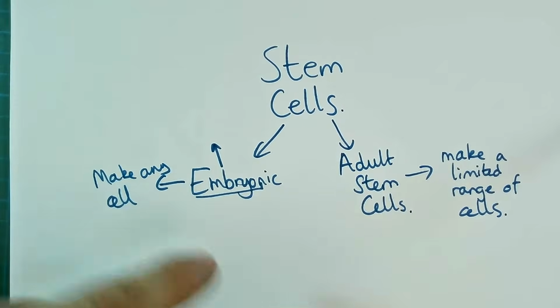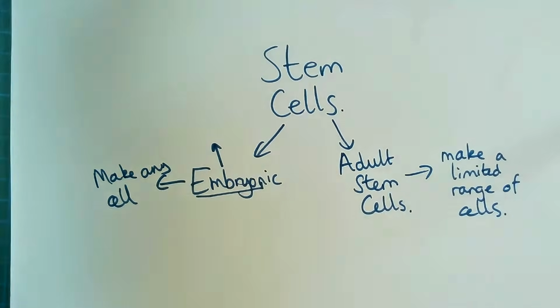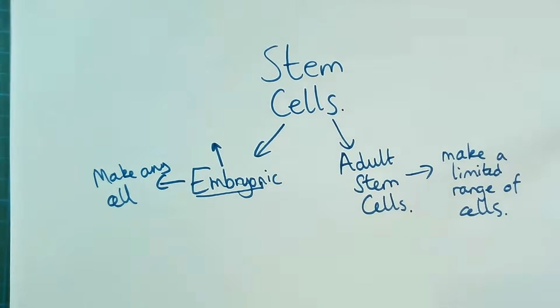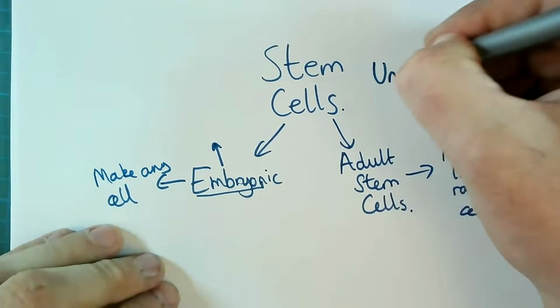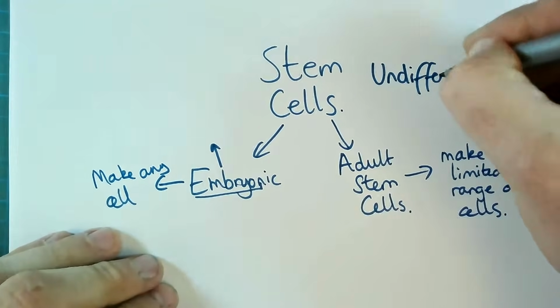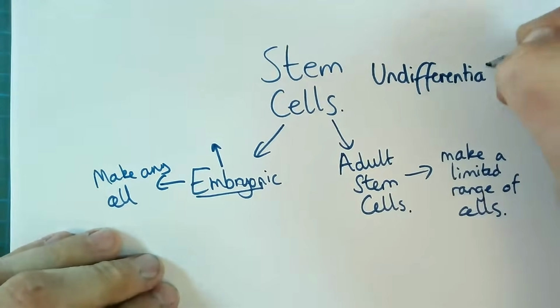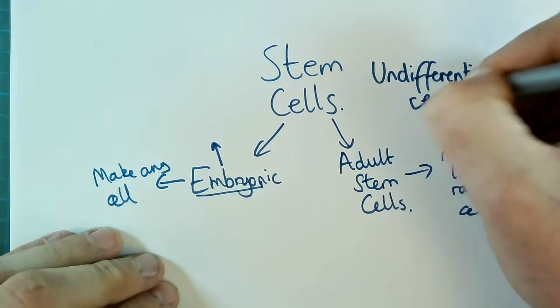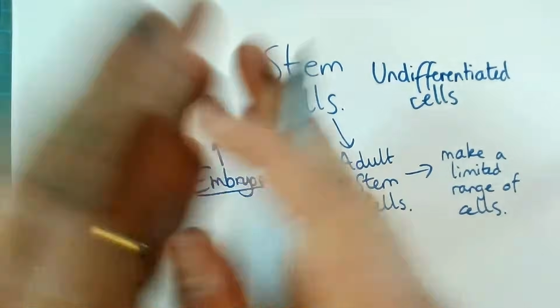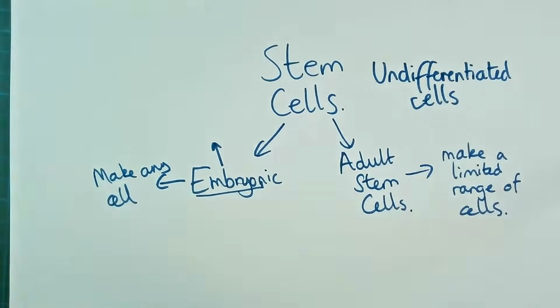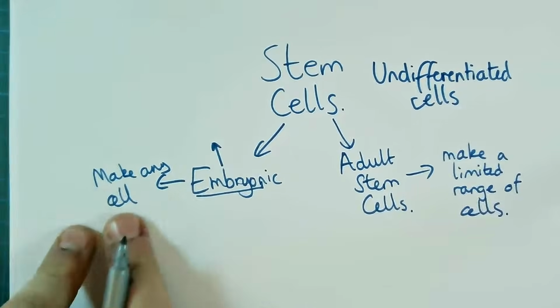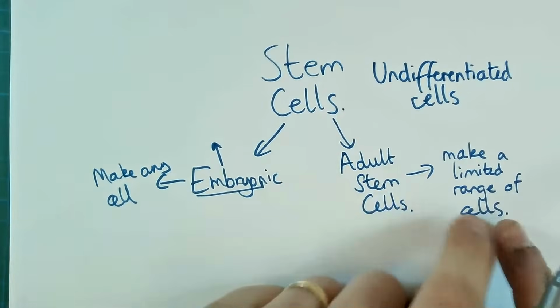So, you need those types of cell to make blood cells, bone cells, muscle cells, all of those types of things. Okay, so these stem cells are undifferentiated or unspecialized cells, and then they become specialized through this process of differentiation. Embryonic can make pretty much any of them. Adult stem cells, they can make a limited range.